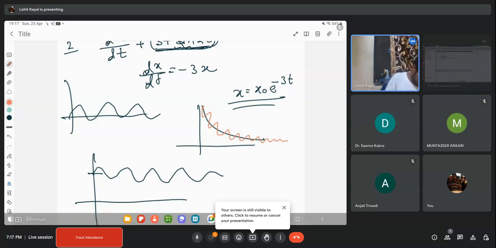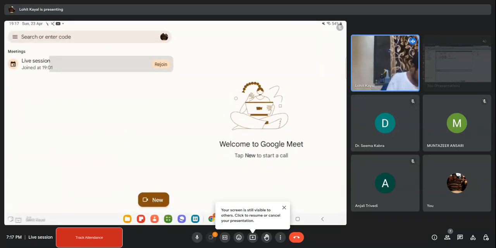Let me unshare this so you can see the MATLAB screen clearly.